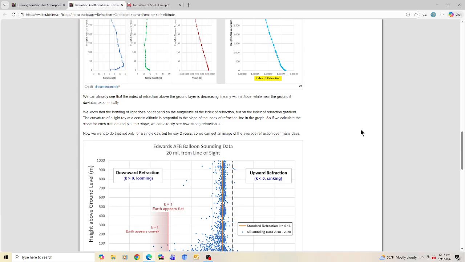The curved path of light is hidden in K. Let's read a little bit more here. We know that the bending of light does not depend on the magnitude of the index of refraction, but the index of refraction gradient. Again, yes, the gradient, the orientation, the rate of change. Okay, this is what determines the refraction, how progressively it's going to happen or not happen.